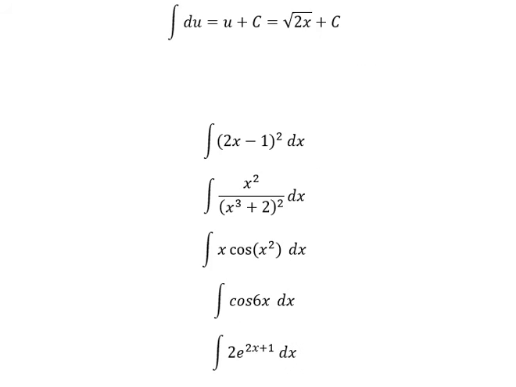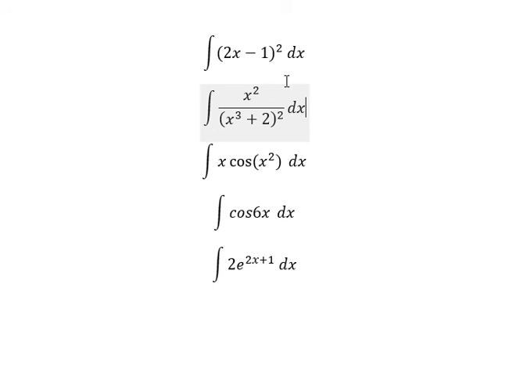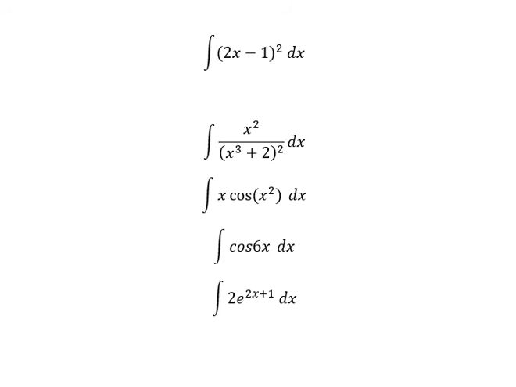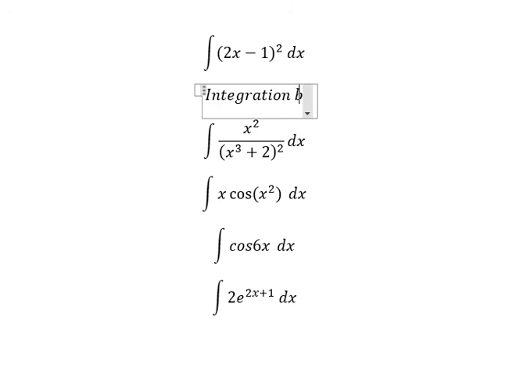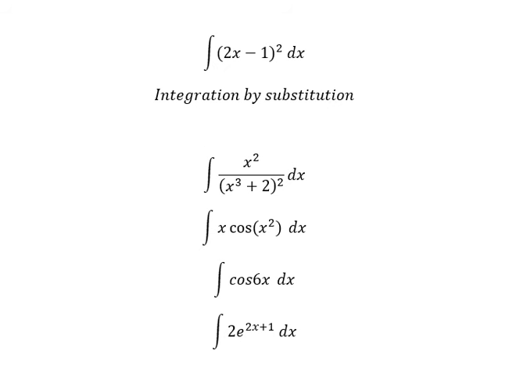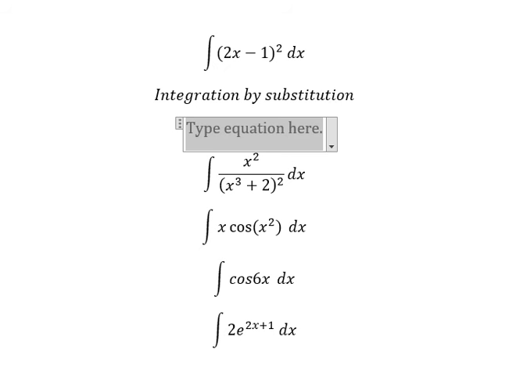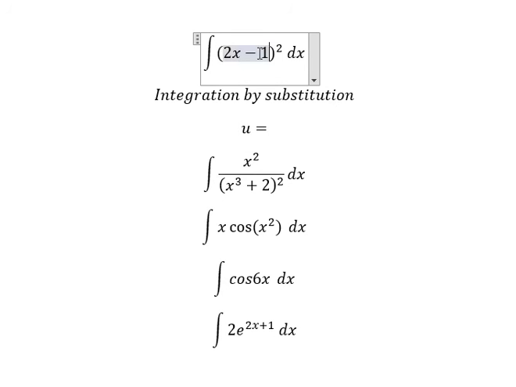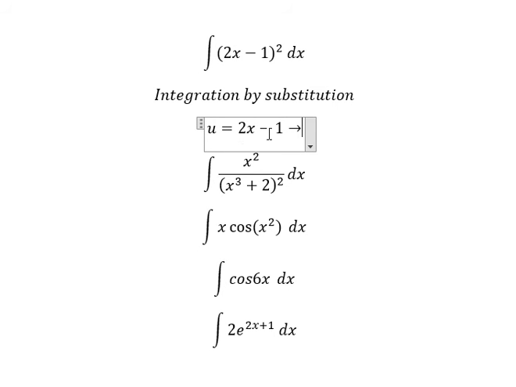Now we go to the next one. We need to use integration by substitution. So I need to put u equals to 2x minus 1. Later we do first derivative for both sides. Because we don't have number 2, we need to divide both sides by number 2.